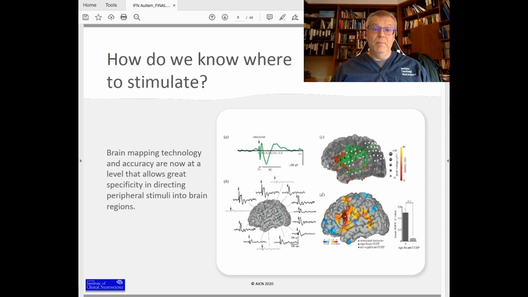And the brain mapping technology that we use is first rate, cutting edge, very, very powerful to guide us to where the issues are in your brain and where we need the stimulus to go, and what types of stimulus and the amounts of stimulus that we need to change the way in which your brain is working.